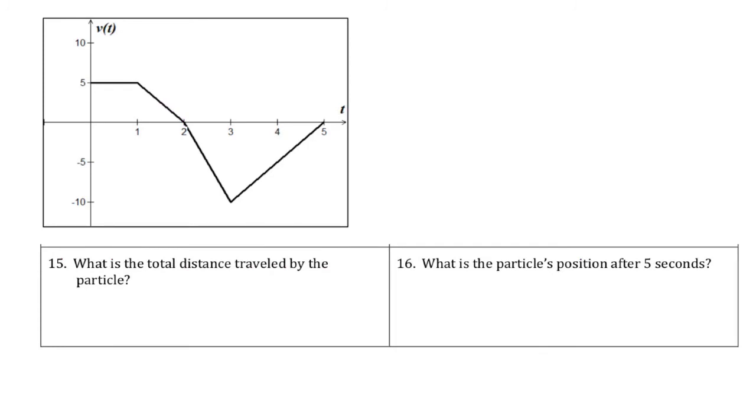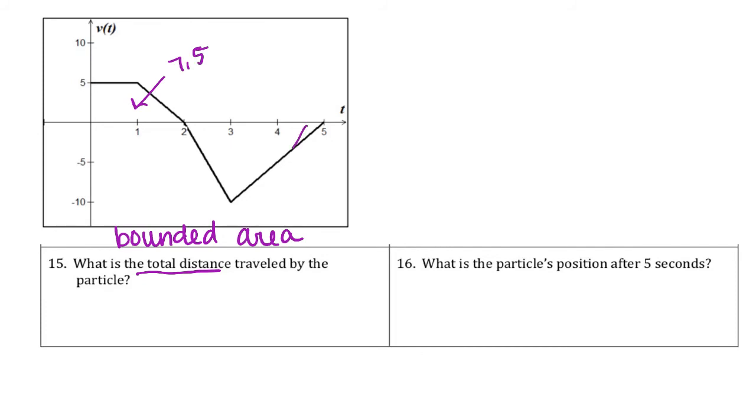Number 15, we're wanting to know what is the total distance traveled by the particle. So we're going all the way over here to time 5. Again, we're talking about a distance, so we need to look at the bounded area again because we're given velocity. Total distance traveled by the particle. We know once that particle reaches here, it was traveling at 7.5.